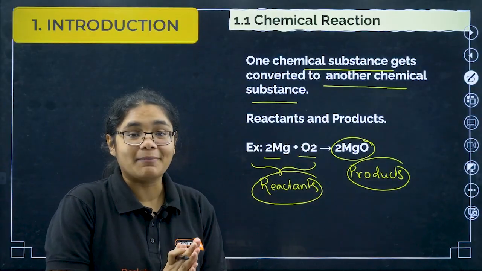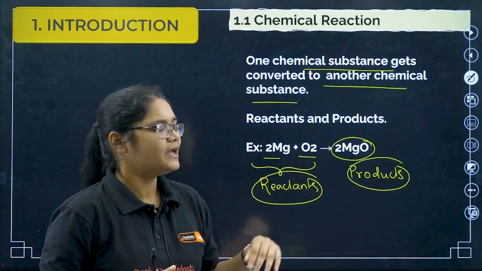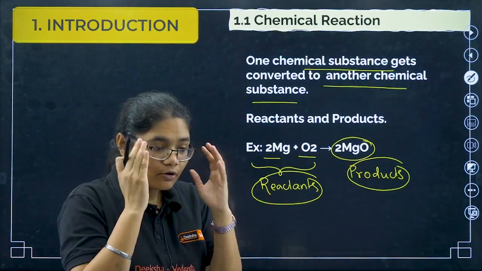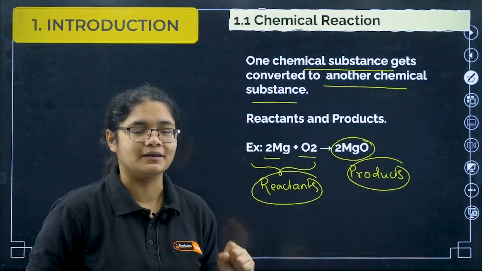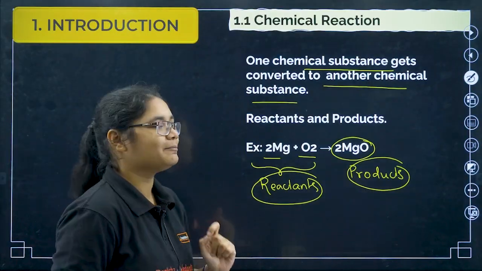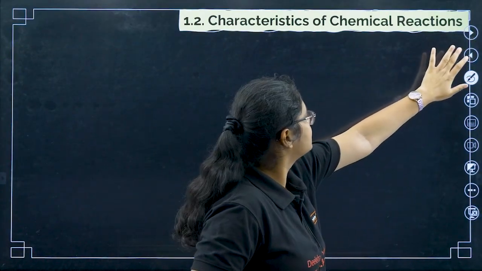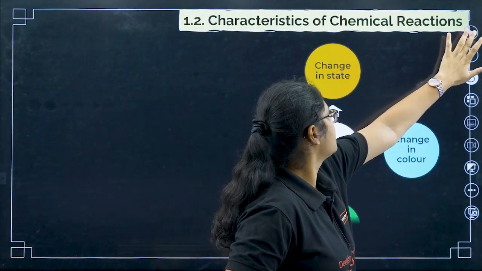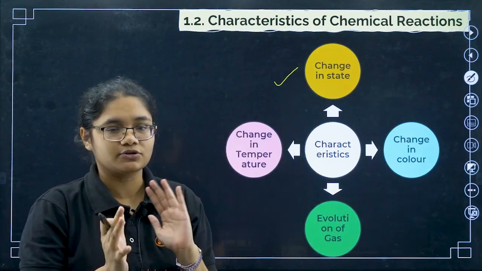Now let's talk about how you will identify a chemical reaction. Suppose you have taken Mg, you have added oxygen, MgO is formed, but by seeing visibly, how can you tell that a chemical reaction has happened? Whenever a chemical reaction happens, there are certain things that we find. There can be a change in state, that is liquid, solid, gas.